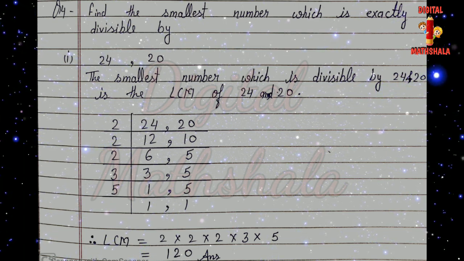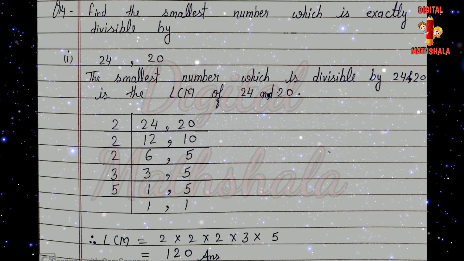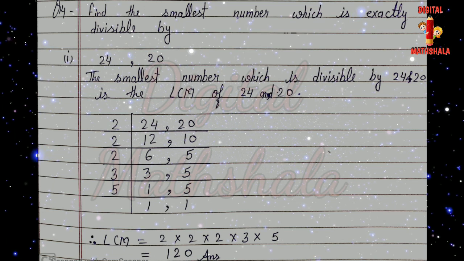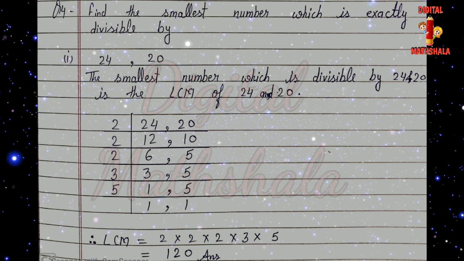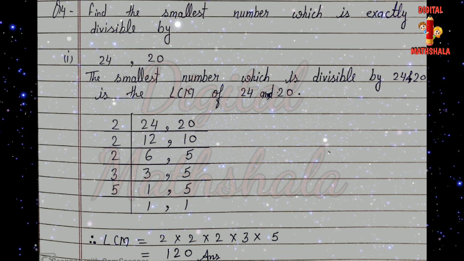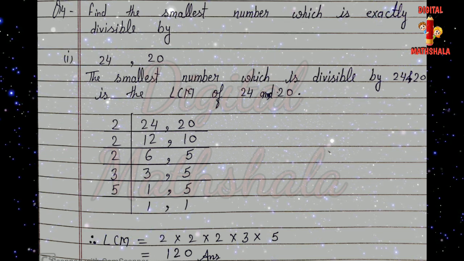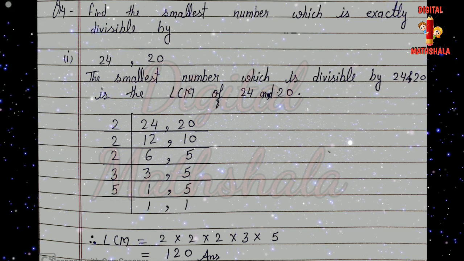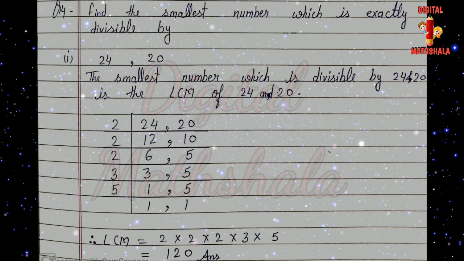Again both numbers are even numbers, so 12 divided by 2, 6 will come, and 10 divided by 2, 5 will come. Now here you can see only 6 is even number and 5 is odd number. So only 6 is divisible by 2, we will divide that, and 5 we will write as it is. In answer we will have 3 and 5.